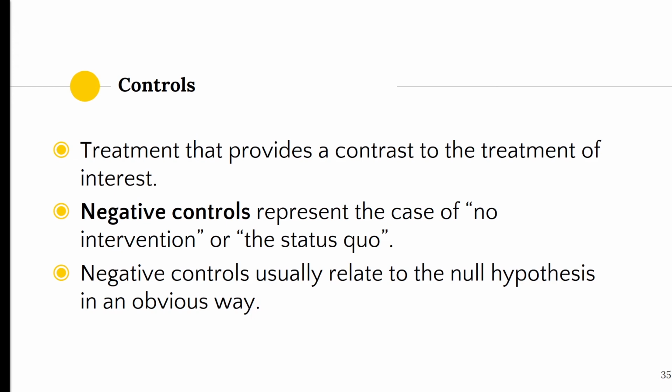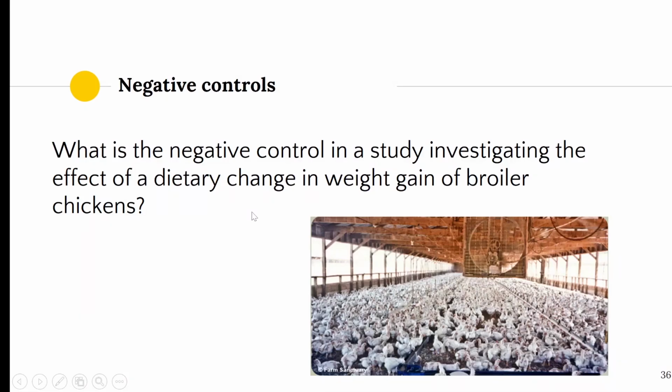So, for example, in the last experiment example, the nitrogen rate by corn variety trial, my negative control was 0 kilograms of nitrogen, unfertilized, because I was looking at the effect of nitrogen fertilizer. So I wanted a negative control that would be no nitrogen fertilizer. Now, we can think of other examples.